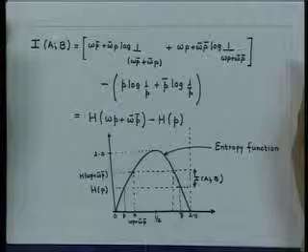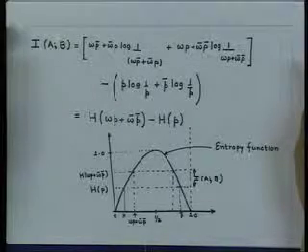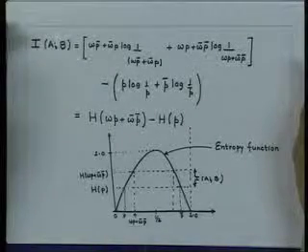Now, after having looked at a definition of mutual information, let us look at some of the information channels. We define two special types of channels and obtain simplified expressions for the mutual informations of these channels.